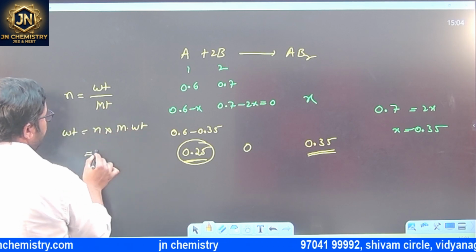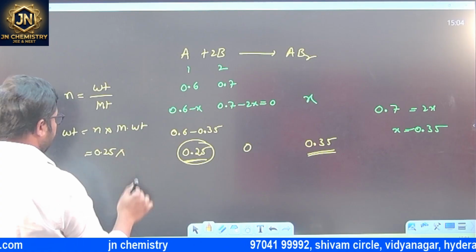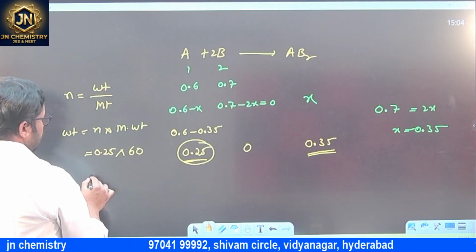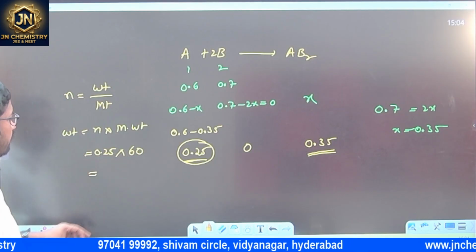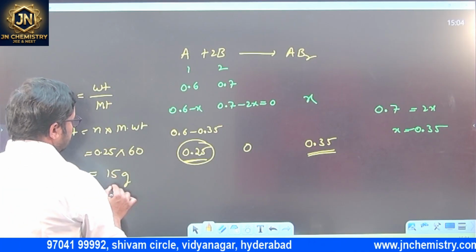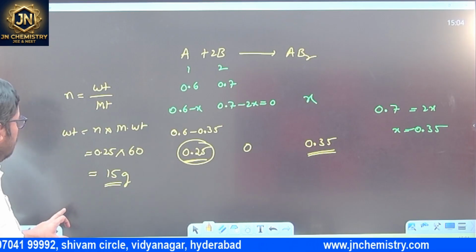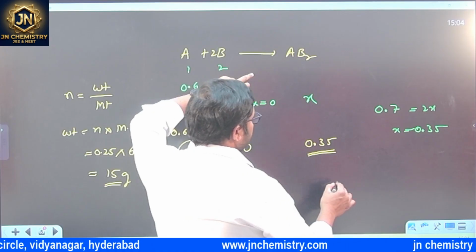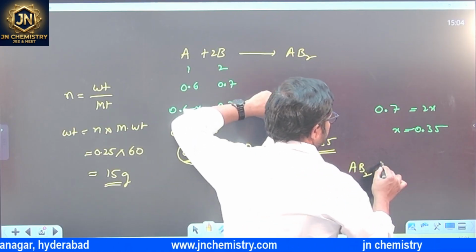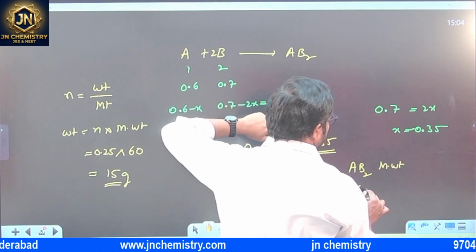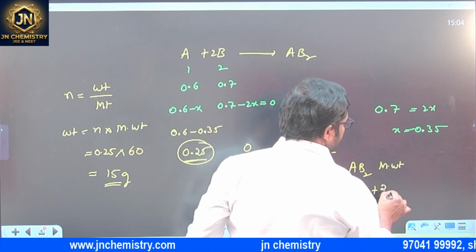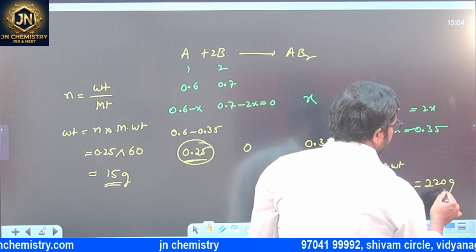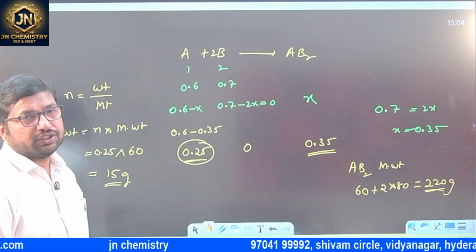For A, it is 0.25 into the molecular weight of A, which is 60. So we get 15 grams. And what is the molecular weight of AB2? 60 plus 2 into 80, which is 160, plus 60, so 220 grams. This is the way we need to calculate.